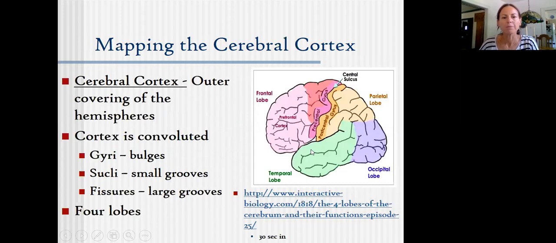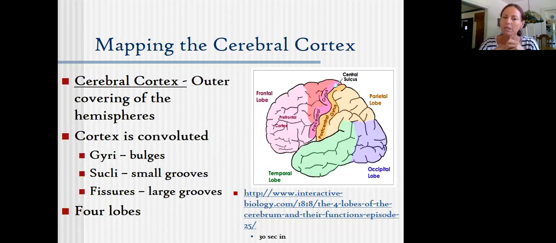Okay, we can map out the cerebral cortex by its outer covering, looking at where it's convoluted, with bulges that look kind of like cauliflower and grooves in between. The bulges are called gyri, singular gyrus.